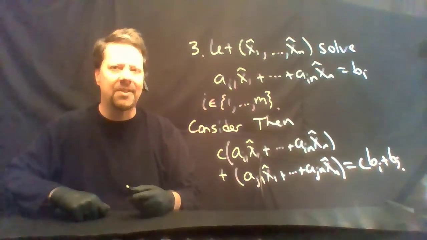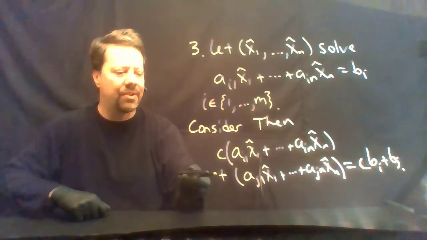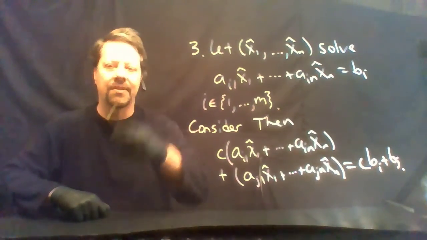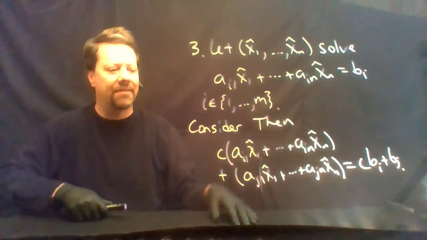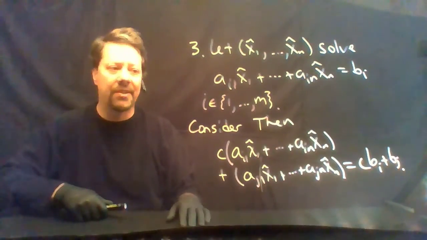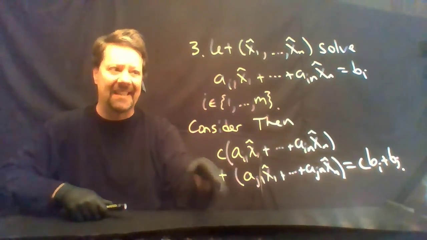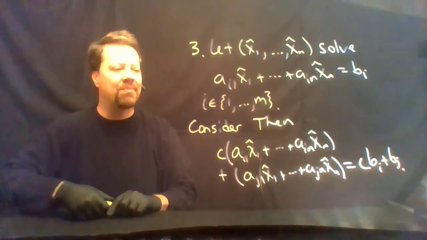And does the process go the other way? If you have a solution to this equation, does it necessarily solve the original system? The answer is, all you have to do is take this new jth equation, multiply the ith equation by negative c and add to this, and you'll recover the original system. So it goes both ways.